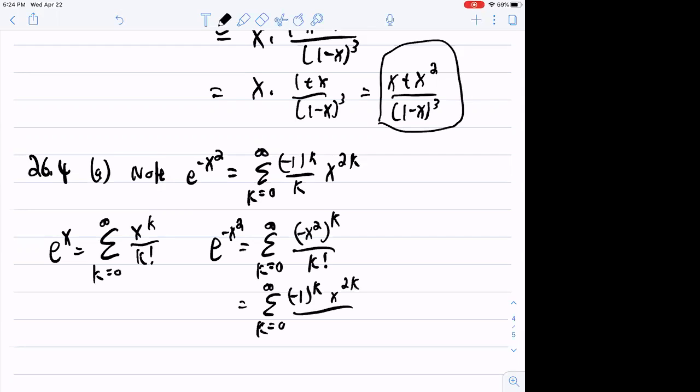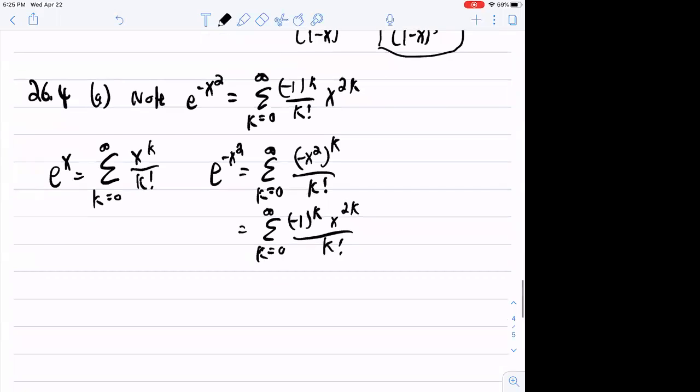You get exactly the thing. Sorry, there should be a factorial here. Okay, so that's not hard. But note the reason you could plug in negative x squared is that there's no specification, so what the problem is saying is that it will hold for any x in R. The reason is that for e to the x, the radius of convergence is infinite, so we can make any substitution we want.